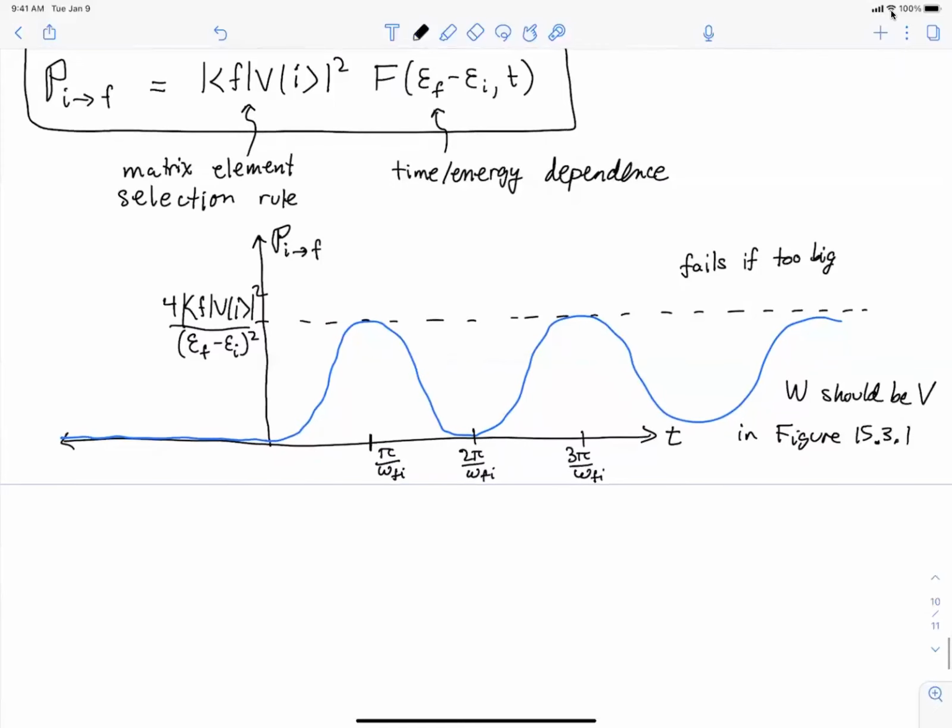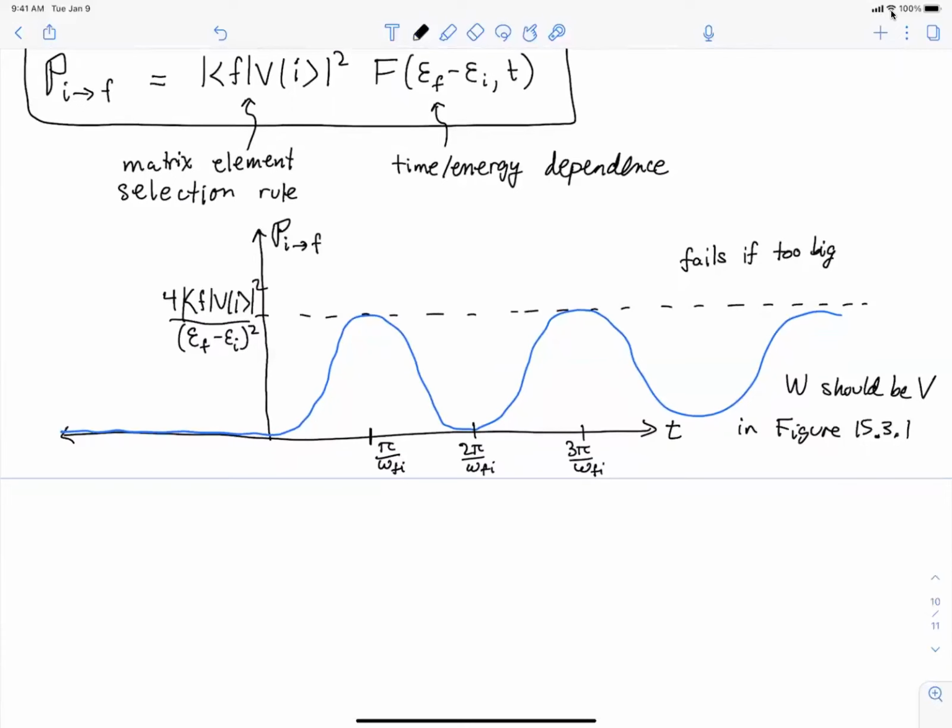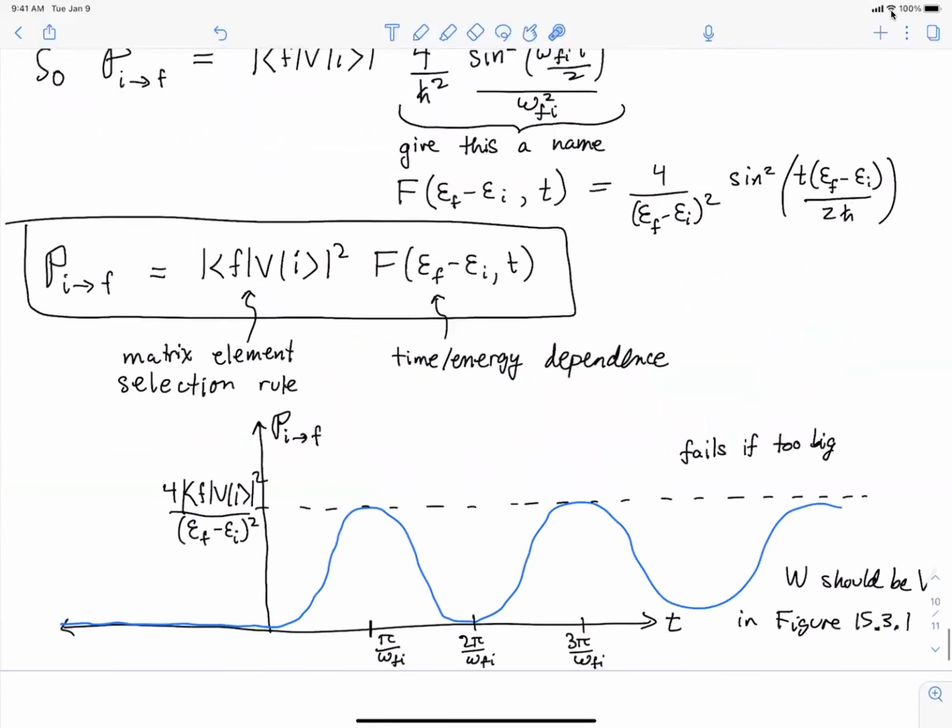Okay, so another thing that you can talk about besides the fact that the probability is oscillating up and down is you could talk about, okay, maybe we're only interested in very early times. So down here, and you notice if you stare at that, it's growing quadratically with time. And in fact, you can see that from this formula. So if I think about what happens to this formula at very small t, the sine squared is just the same as its argument squared.